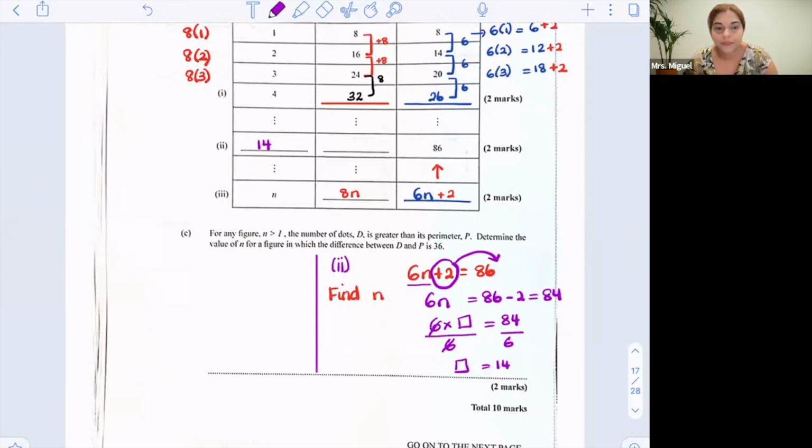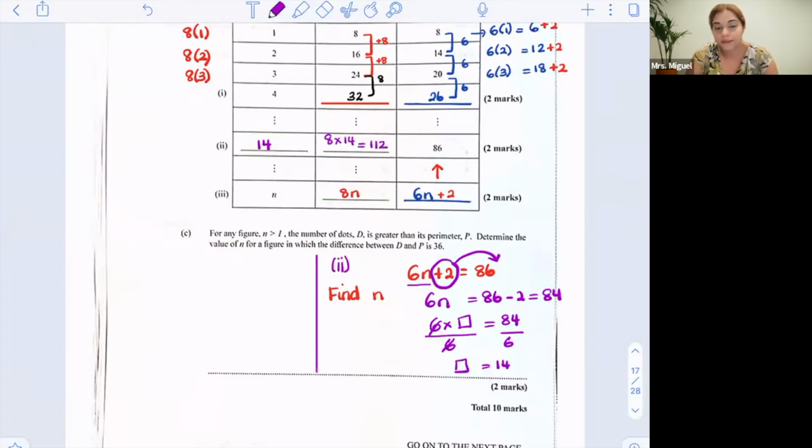All right. Now, so far, we have secured 7 marks. We have to get this mark here that will give us the 8th mark. How are we going to get it? Well, we know that n is 14 and we know the formula is 8n. So if we multiply 8 by 14, we should get 112.